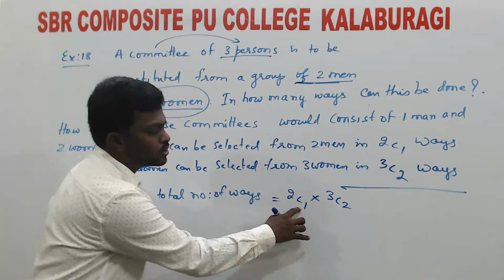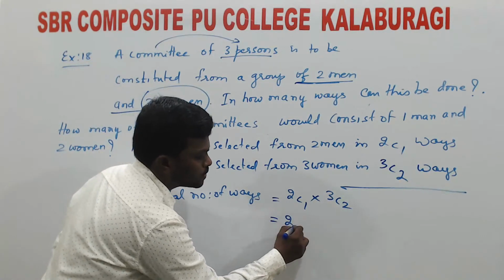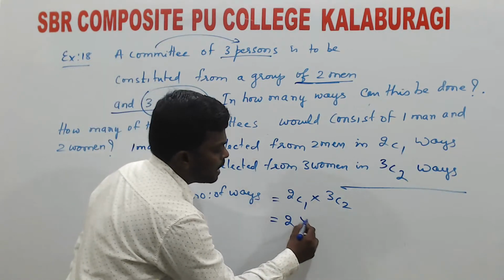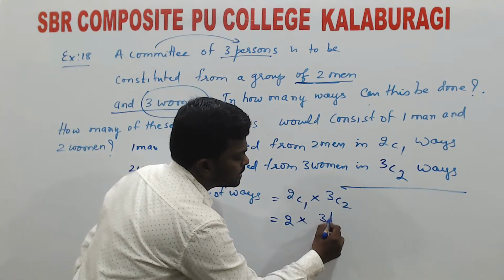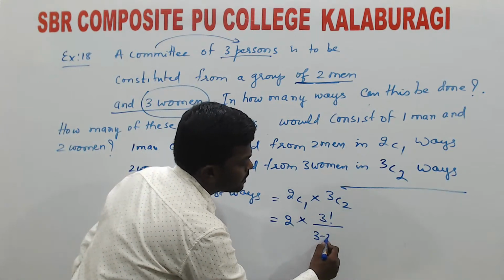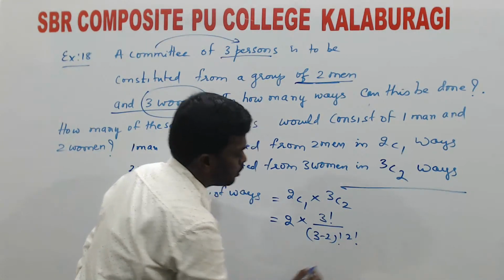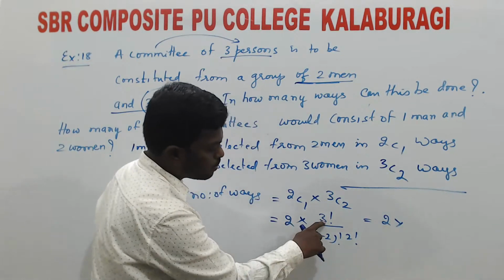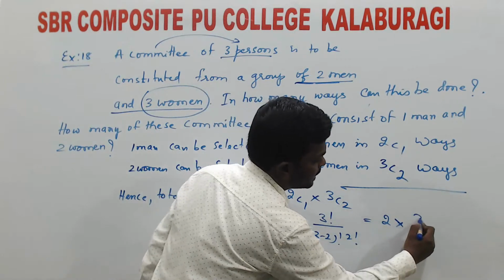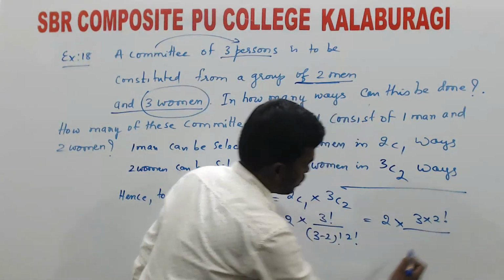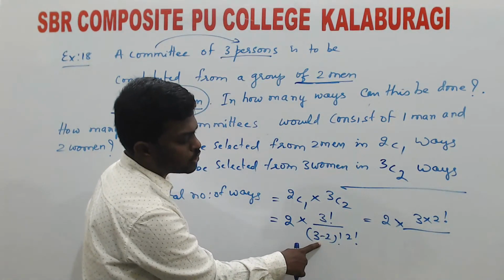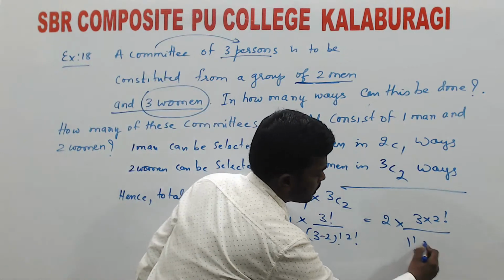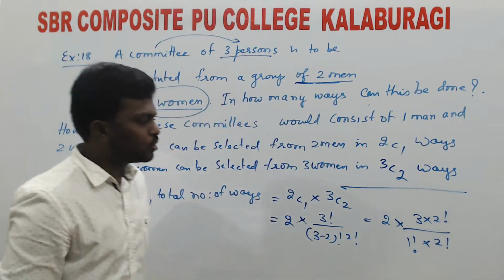What is 2C1? nC1 is n, so this is 2, I'll write it directly. And what is 3C2? Use the formula: 3 factorial by (3 minus 2) factorial into 2 factorial. So 3 factorial can be written as 3 into 2 factorial, divided by 1 factorial into 2 factorial.